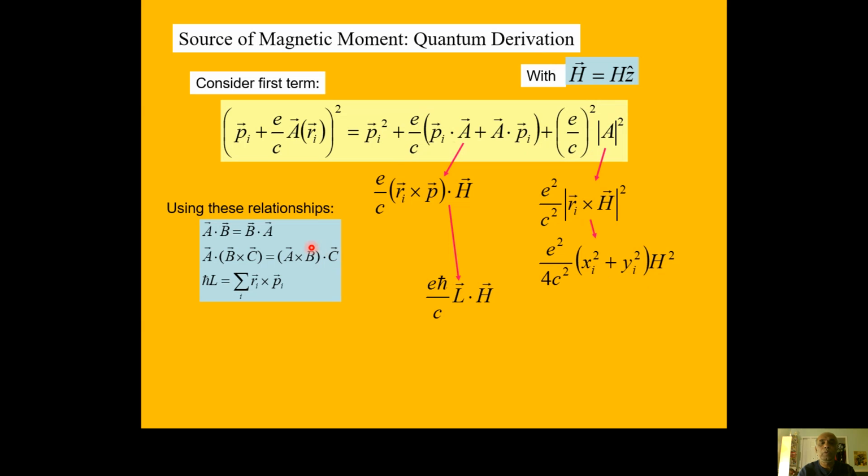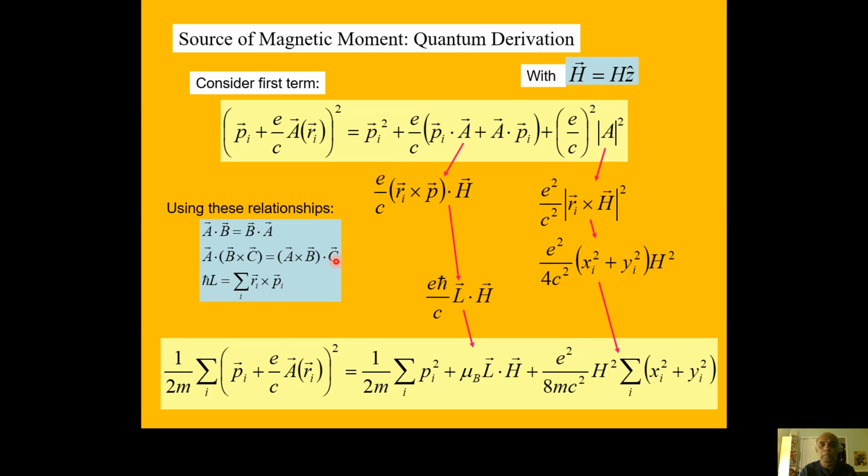So now if you do this, that's what we introduced here, L. If you proceed a little bit further, you can write this as 1 over 2m, p squared, then this term becomes mu_B L dot H. So this term is nothing but that Larmor diamagnetic term.